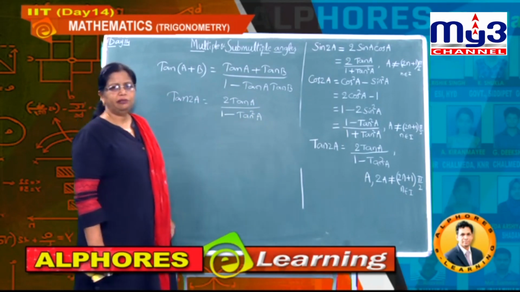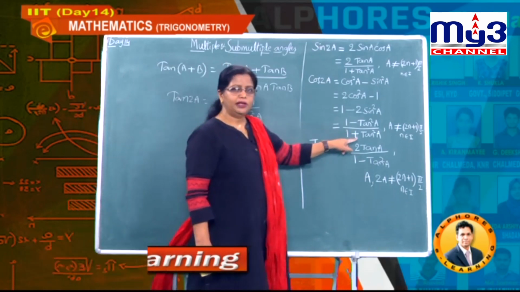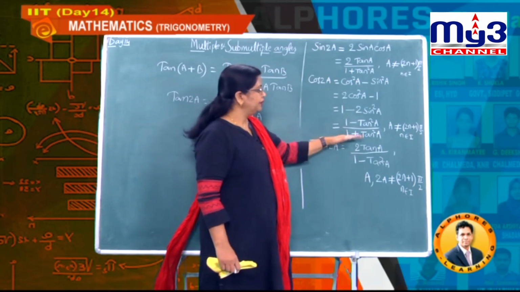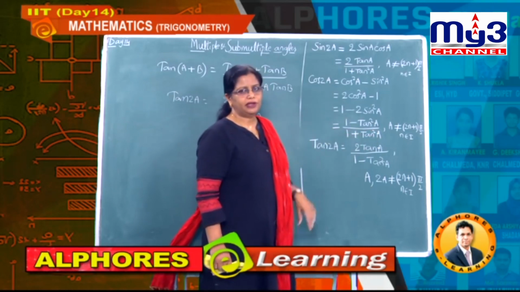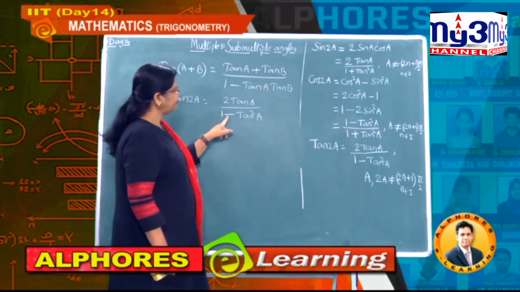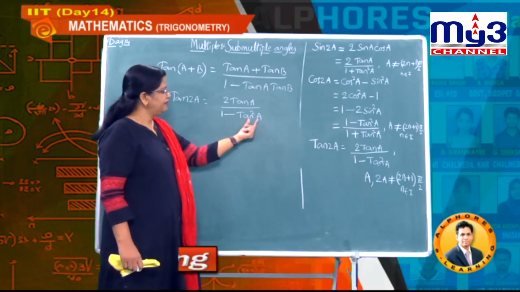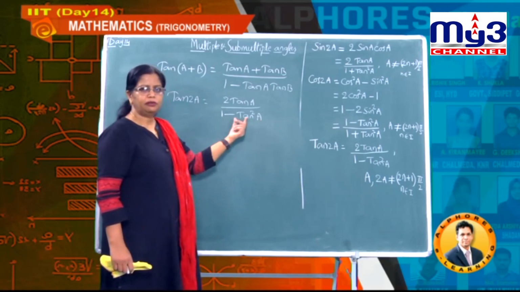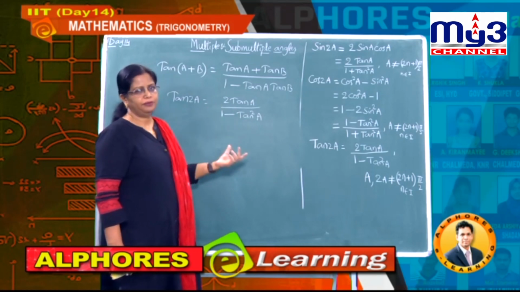Not only that, in previous cases you observed a plus symbol in the denominator, therefore 1 plus tan square A cannot be equal to 0. It is always a positive value, whereas 1 minus tan square A will be 0 when A is an integral multiple of pi by 4, especially an odd integral multiple of pi by 4.